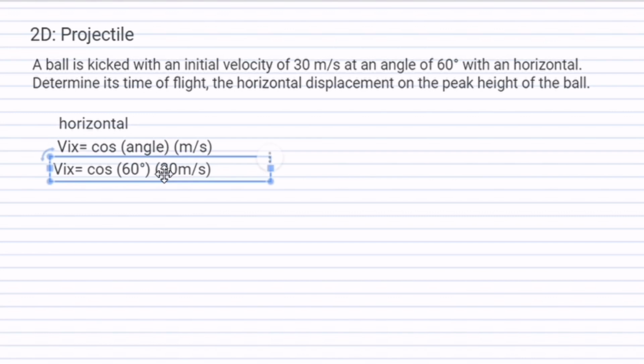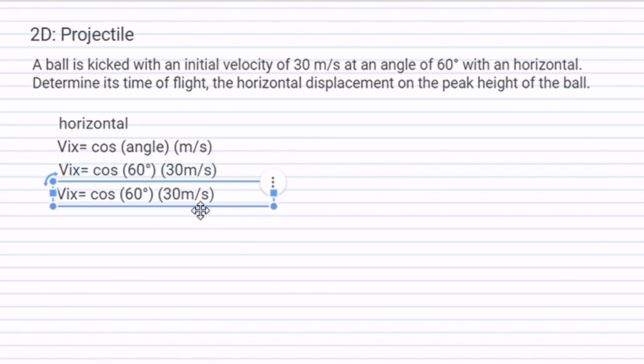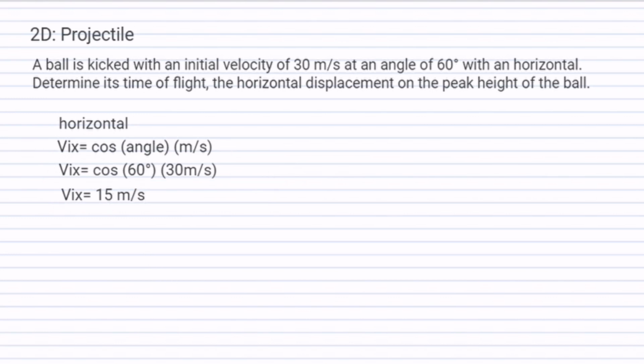So now we're going to solve it. You can just solve it directly in the calculator. So this is equal to 15 meters per second. So now we have our horizontal value.